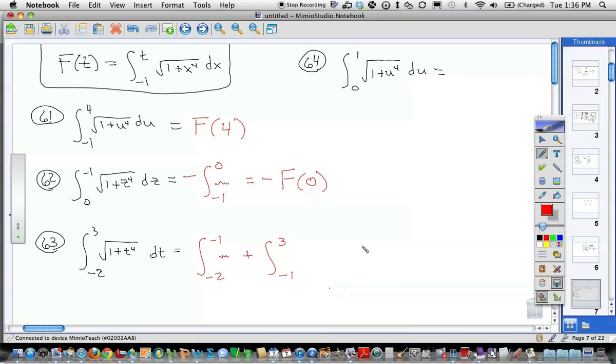It doesn't really matter what we have in this location where the C's are. As a matter of fact, it doesn't even have to be in between -2 and 3. That doesn't matter. So now we get this.